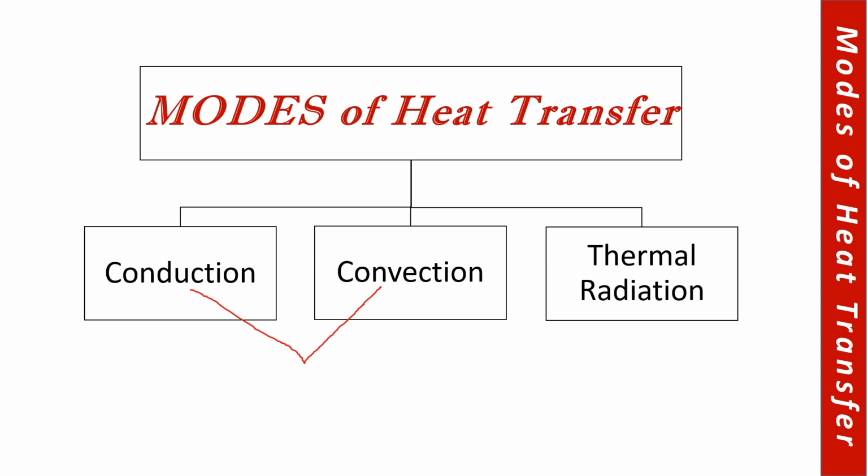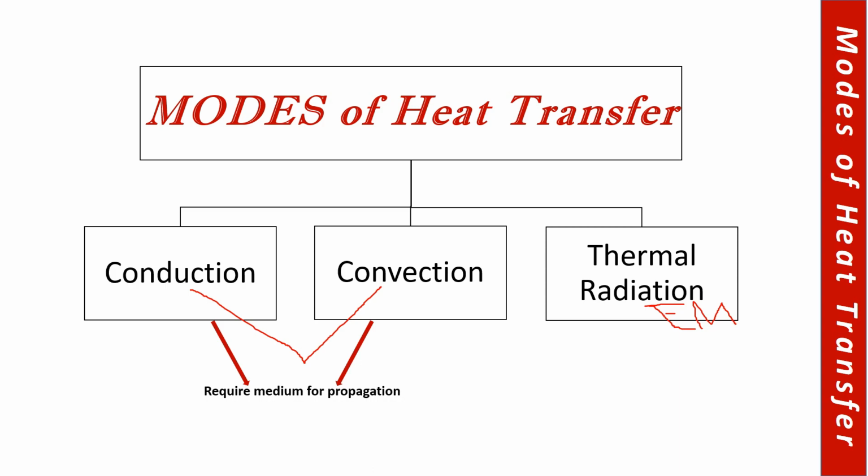Now these two modes of heat transfer require a medium for their propagation, for their flow. However, thermal radiations are EM waves. These are electromagnetic waves, and as we know, electromagnetic radiations do not require any medium for their propagation.